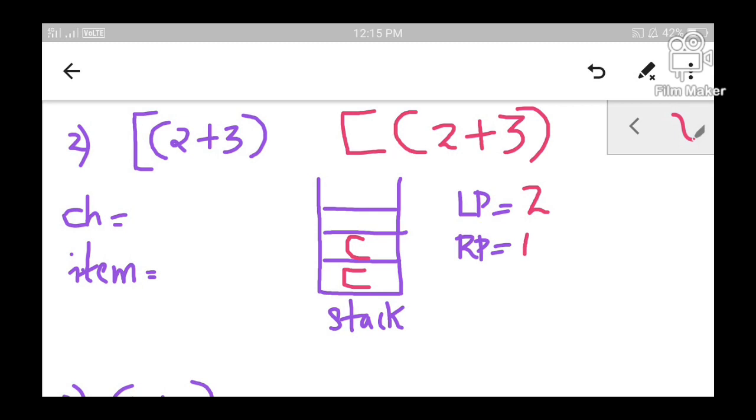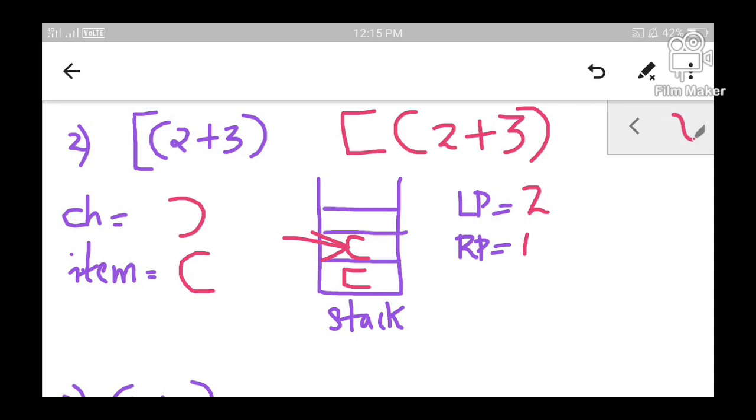Whenever a right bracket is encountered, increment value of RP by 1. And you have to pop the topmost element from the stack, and the topmost element from the stack is this thing. So I am popping the element from the stack, which is a left normal bracket, and the character just read is a right normal bracket. Check whether the character just read now and the character removed now have a matching pair.